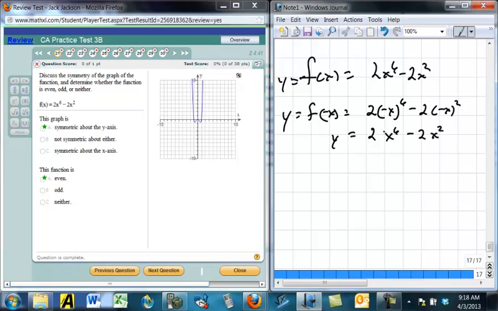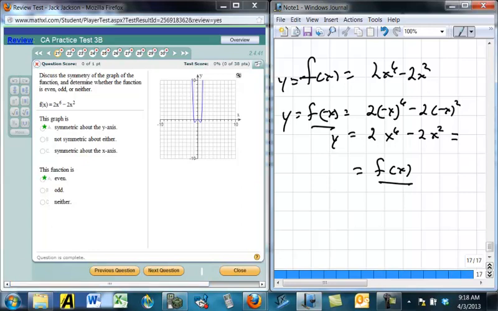But the even powers here turn out to be the same. So it's an even function. This is the same as the original f of x. So f of minus x is the same as the original f of x. Those were the same, so reflecting over the y-axis left it the same.